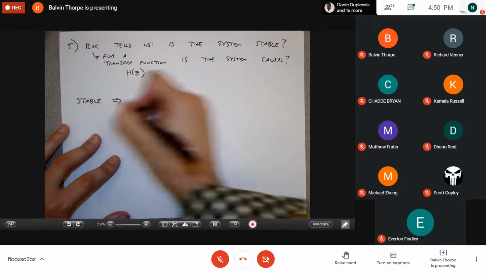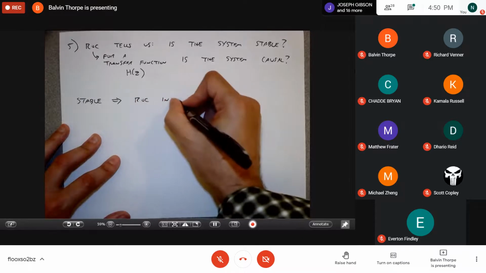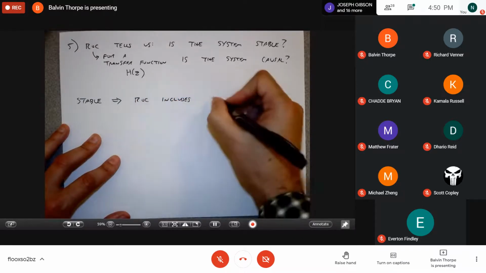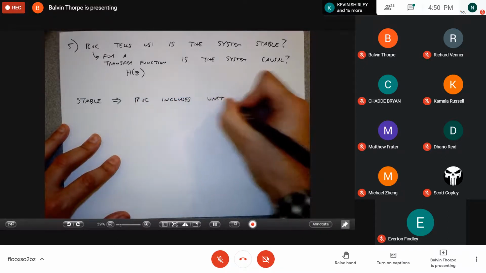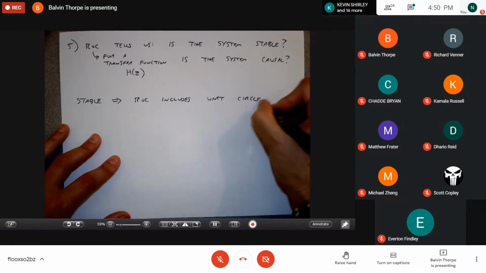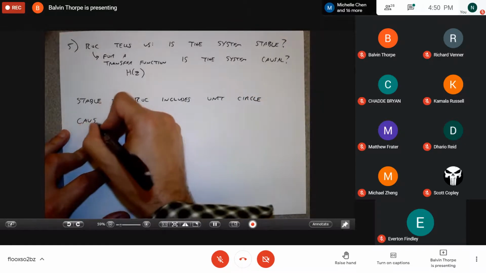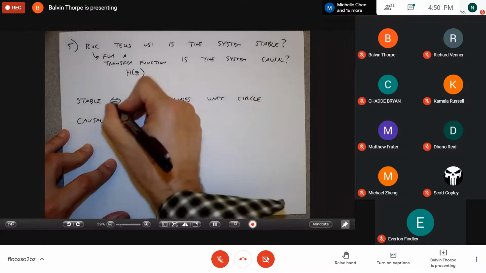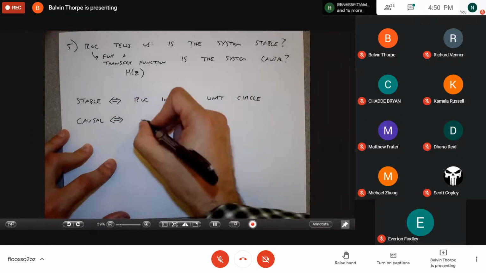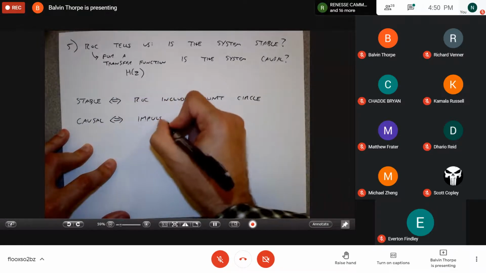So stable implies that the ROC includes the unit circle, and causal implies that the impulse response is right-sided.